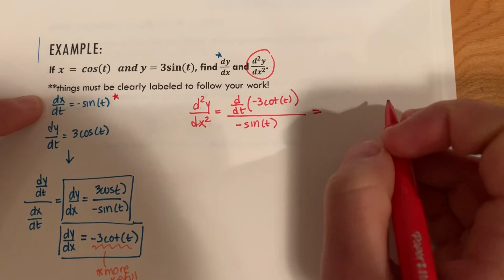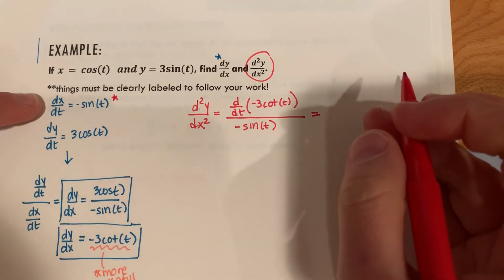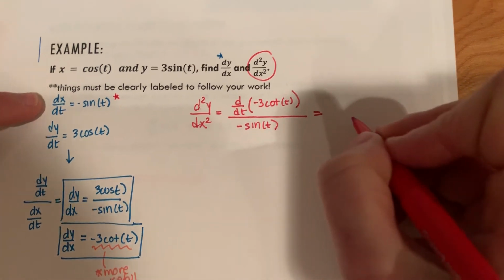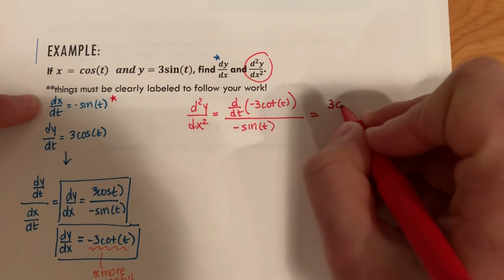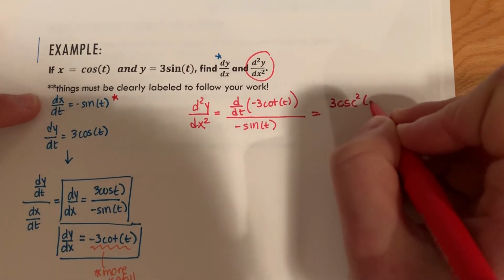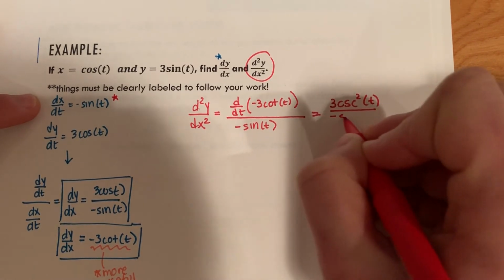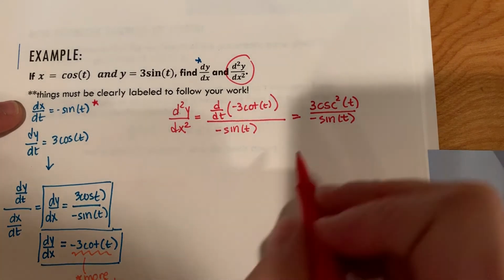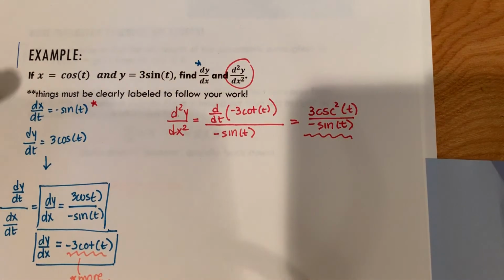And now if we look at our help sheet, we'll see that derivative of cotangent is cosecant squared. So we get 3 cosecant squared of t all over negative sine of t. And we can do some simplifying, but this is also fine.